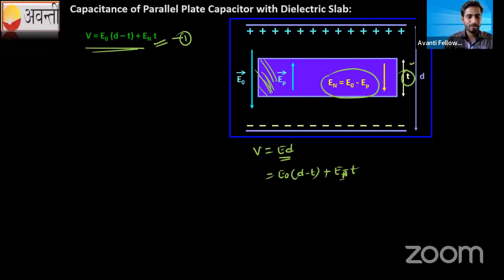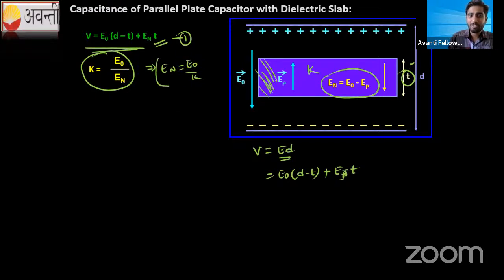Yes. Next, we know the K value, the dielectric constant, correct? We know that E naught by En equals K. So En will be equal to E naught by K, correct? Now substitute this value in this equation.